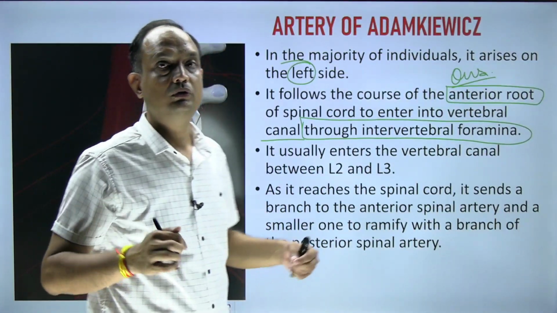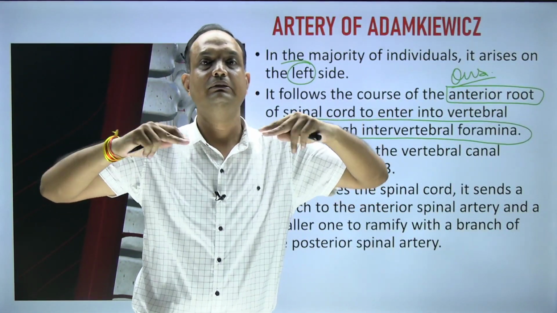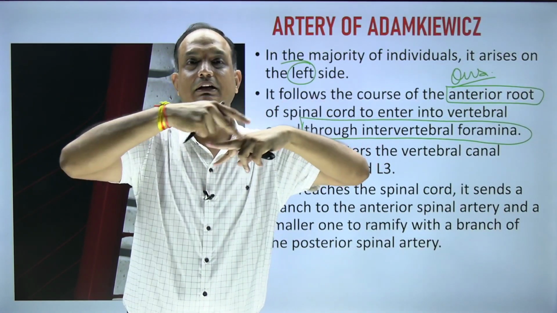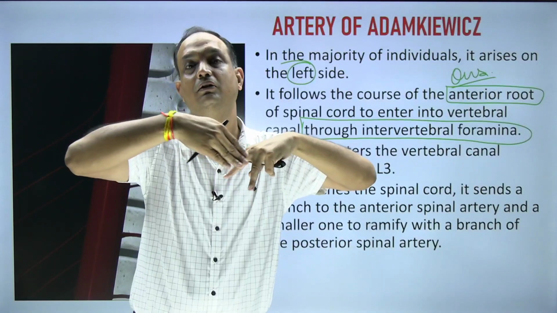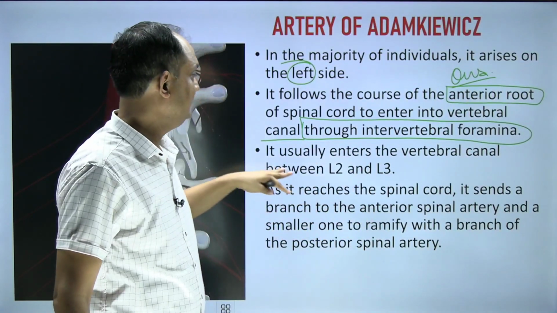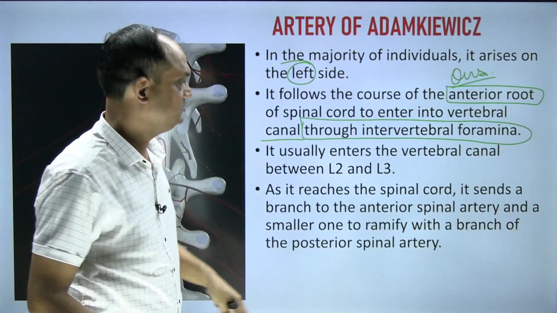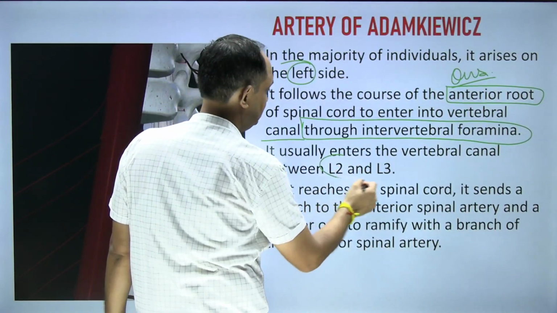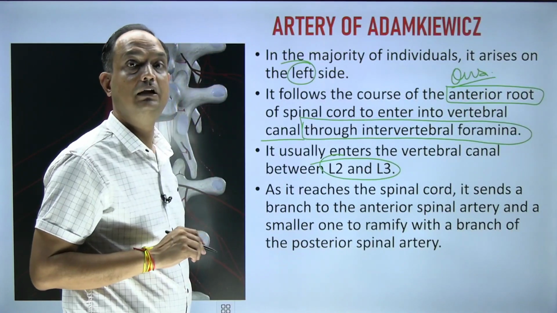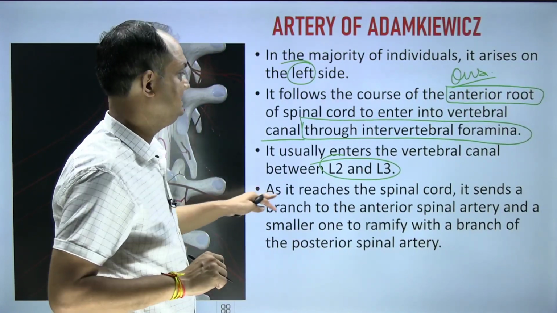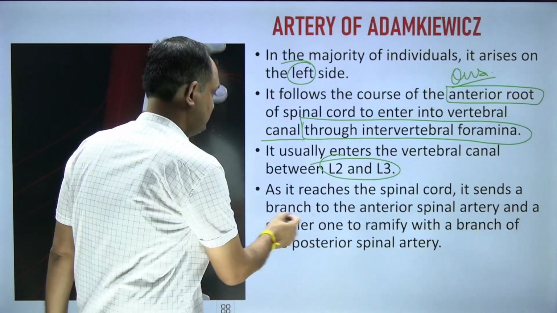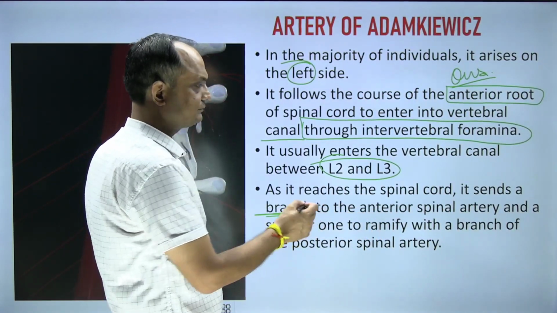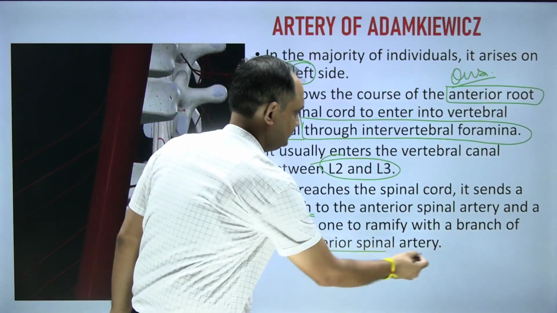Clear? Each spinal nerve has two divisions, ventral and dorsal nerve roots. This artery is present along the ventral or anterior nerve roots, and it usually enters through the intervertebral foramen at the L2, L3 level. As it reaches the spinal cord, it sends a branch to the anterior spinal artery and a smaller branch to the posterior spinal artery.